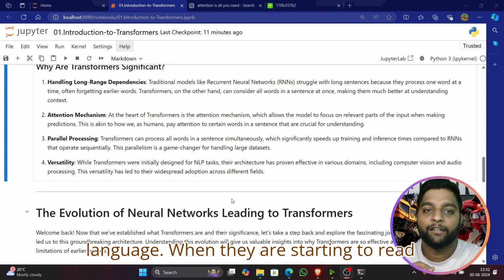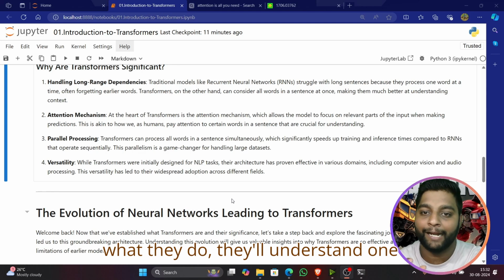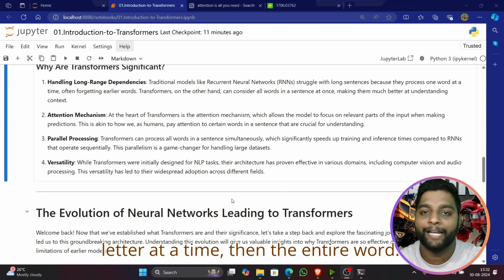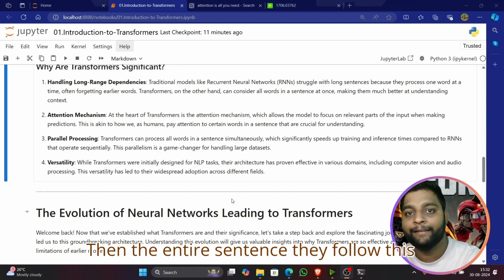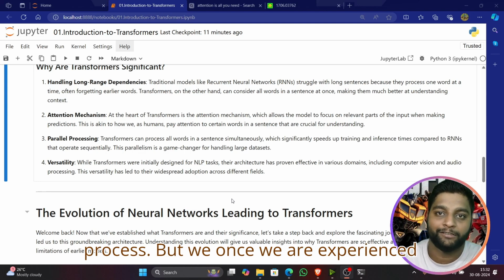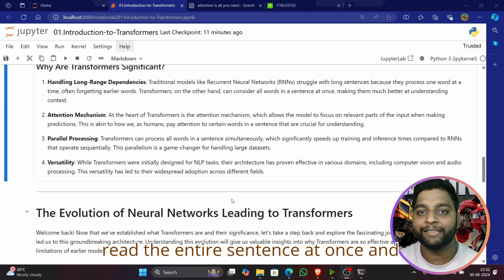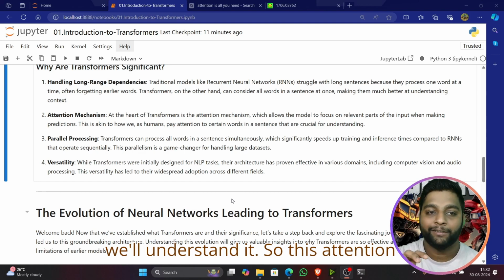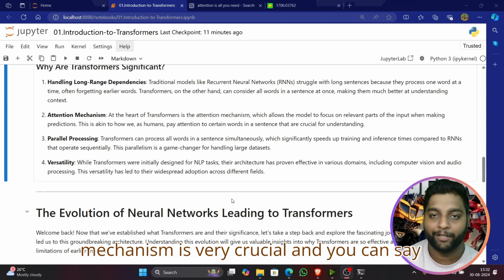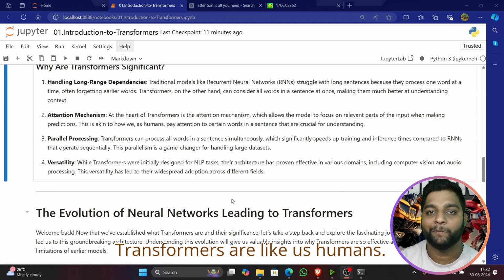When they start to read, they understand one letter at a time, then the entire word, then the entire sentence. They follow this process. But once we are experienced, we directly read the entire sentence at once and understand it. So this attention mechanism is very crucial, and you can say transformers are like us humans.